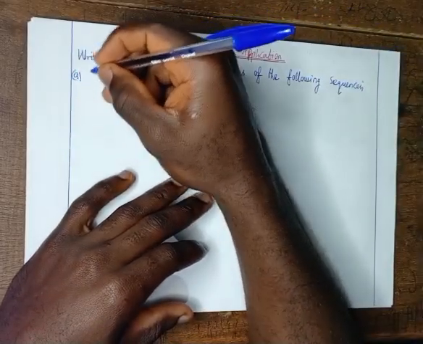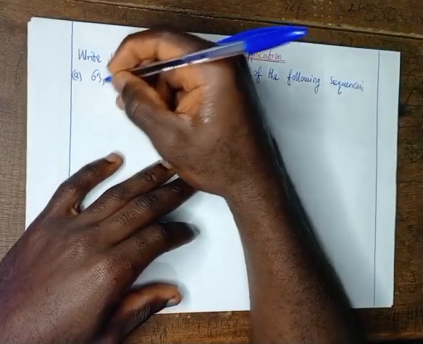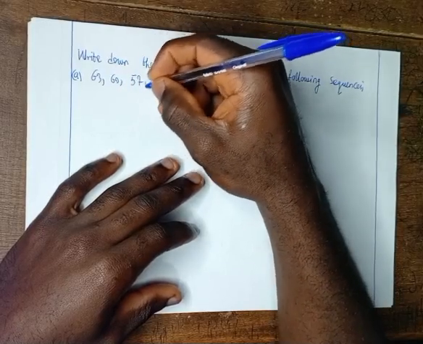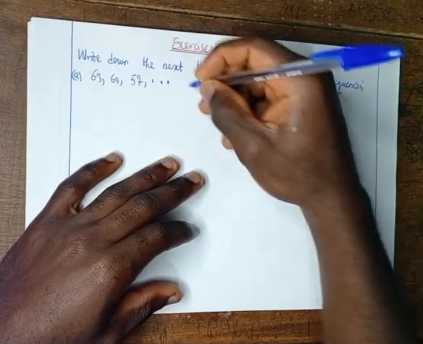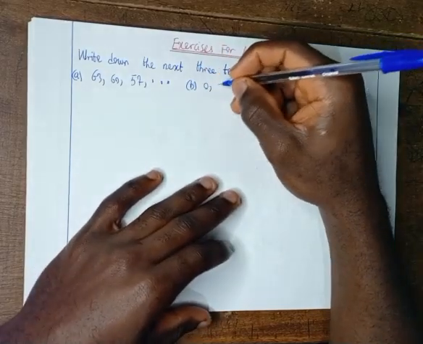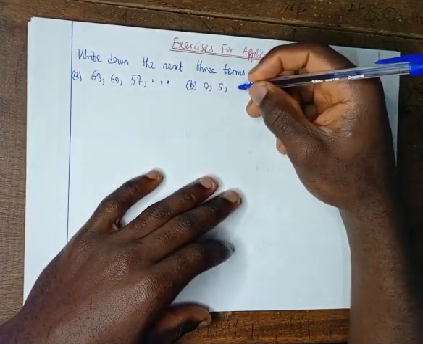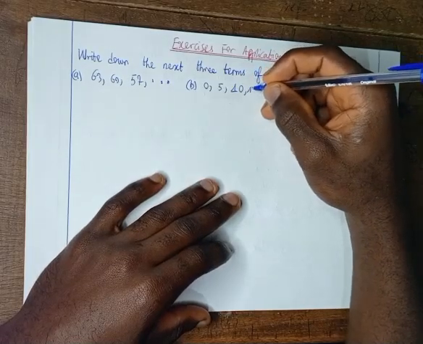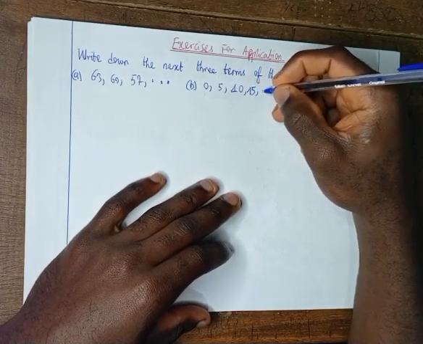For A, we have 63, 60, 57, 3 dots. For B, we have 0, 5, 10, 15, 3 dots.